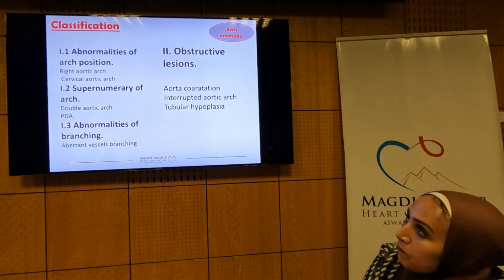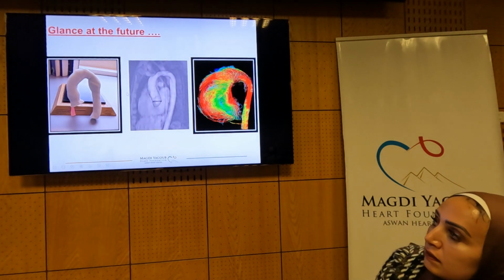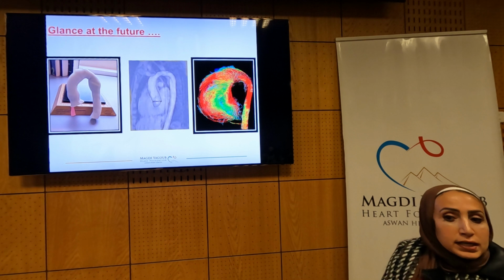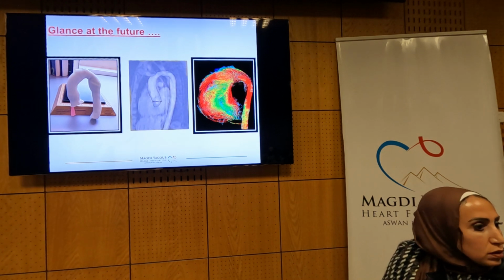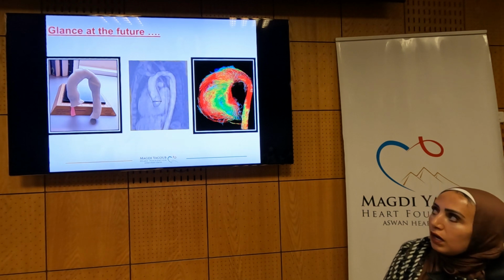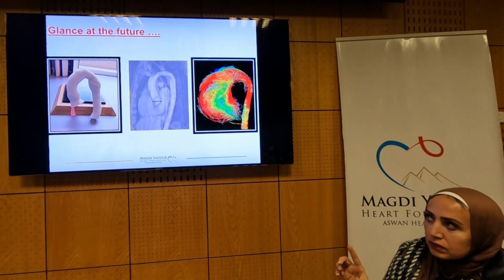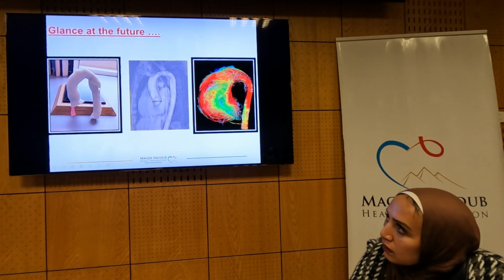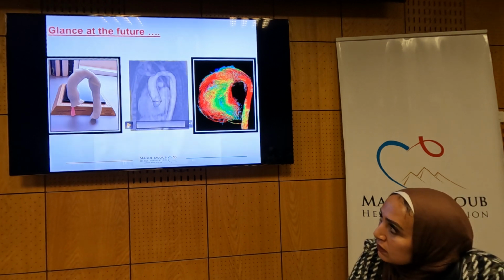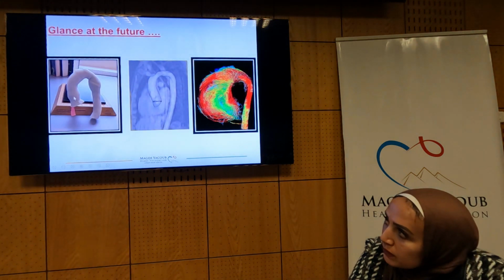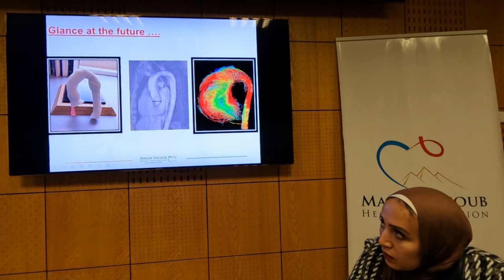As I said, the aortic structure is a large structure, so it has attracted all the new imaging technology. Much literature now has been working on making these models, and this is based on CT. This model based on CT was performed in our center.